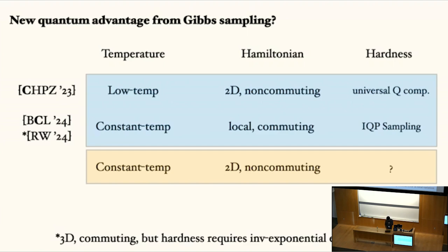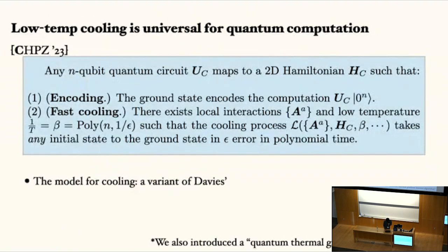Of course, this leaves open the question: if you have a constant temperature and 2D non-commuting Hamiltonians, how hard could this be? So I'll very quickly cover these two results.